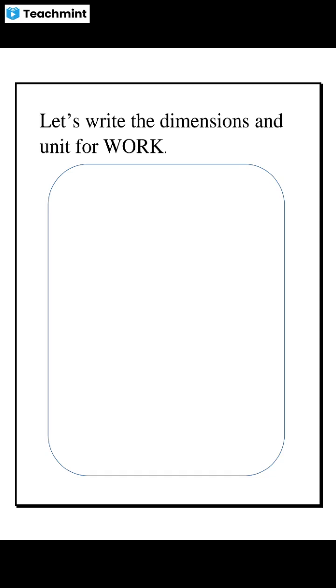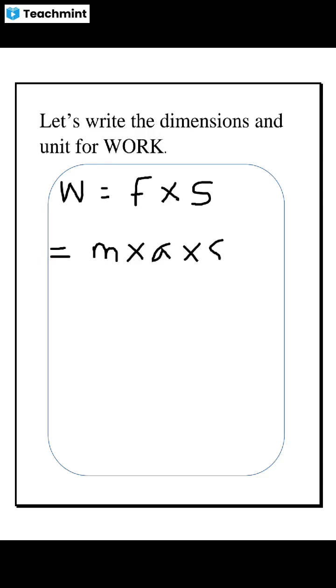We know that work, from the formula, is force times distance. We use S as distance. So from Newton's law of motion, F is the same thing as mass times acceleration, times S. You see, I'll be breaking the quantity down one by one.